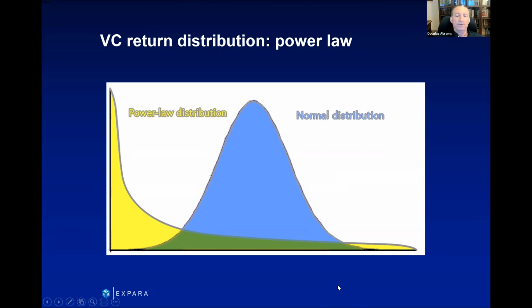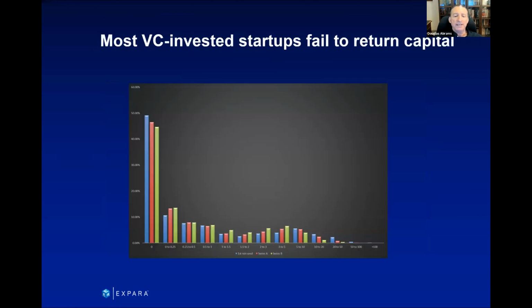Because if you think about it, if my successful companies don't generate this 30x return, then there's no hope of the fund delivering its required return to investors, because most of the companies are going to deliver zero. This is a real distribution of returns, and you can see it's a similar shape. It's showing something a little different though. What we're seeing here is how many, this is the curve backwards.